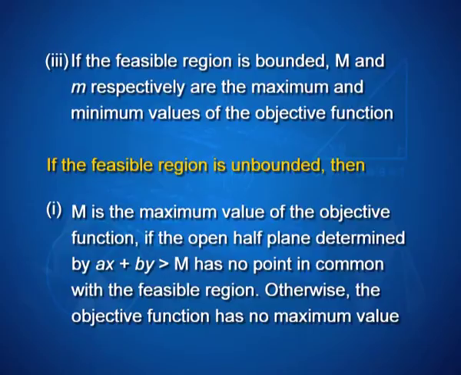If the feasible region is unbounded, then a little more care is needed. Capital M is the maximum value of the objective function if the open half plane determined by the inequality ax + by > M has no point in common with the feasible region. Otherwise, the objective function has no maximum value.